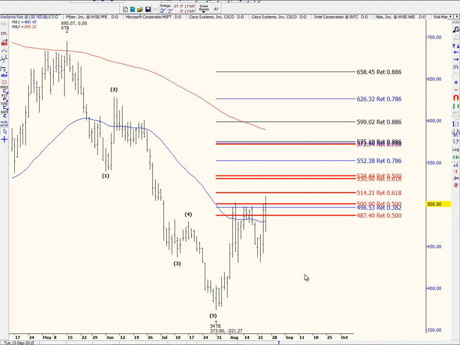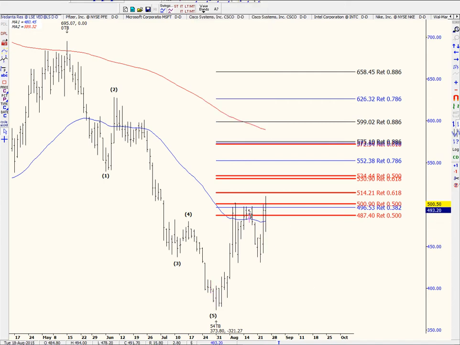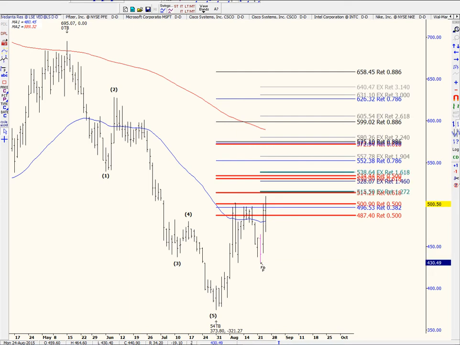From this point, we're going to use our Fibonacci external retracements. So we're going to move now from our Fibonacci internal retracements to our Fibonacci external retracements. The first external retracement we're going to use is within the correction, and we're going to measure from the top to the bottom of our swing high to low, and we're going to project our external retracements into our cluster zones.